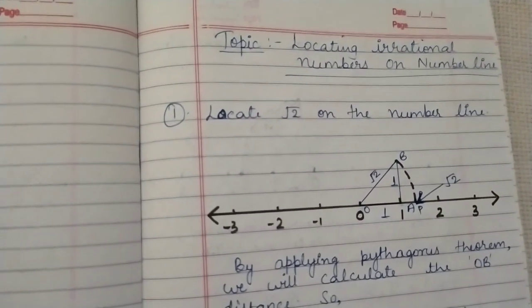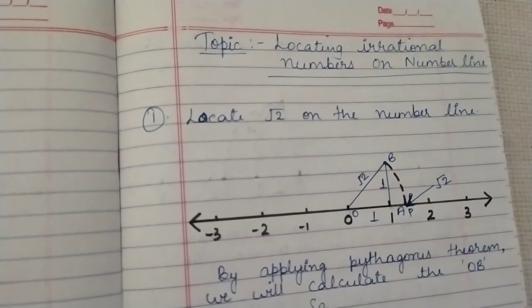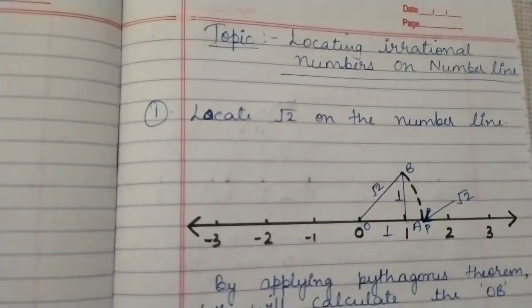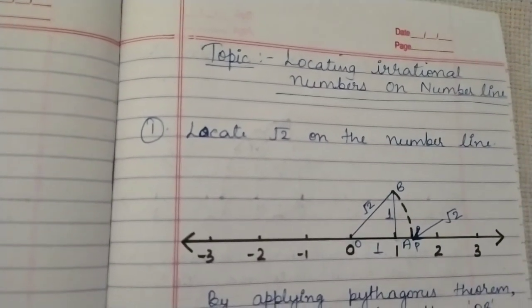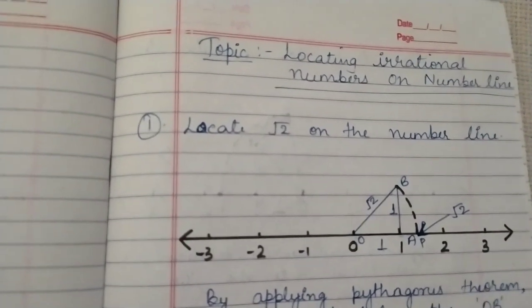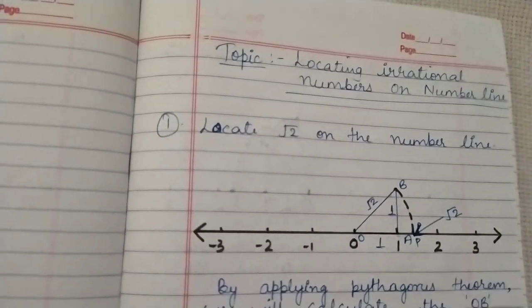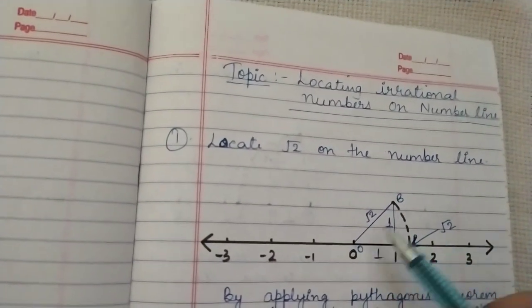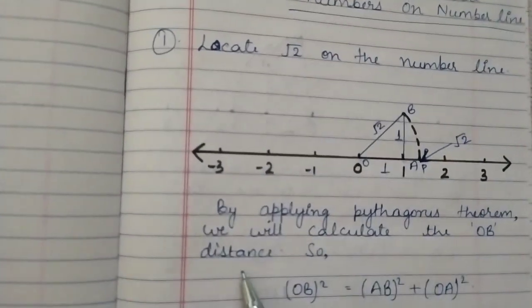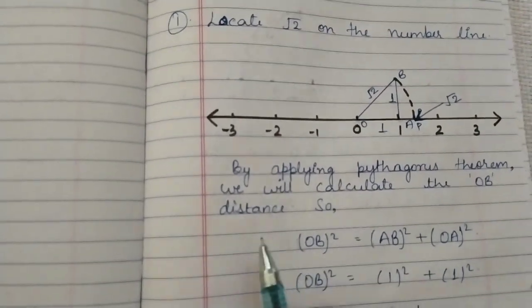So Pythagoras himself gave the way to solve this question, how we can locate irrational numbers on the number line. So we calculate this OB distance with the help of Pythagoras theorem.